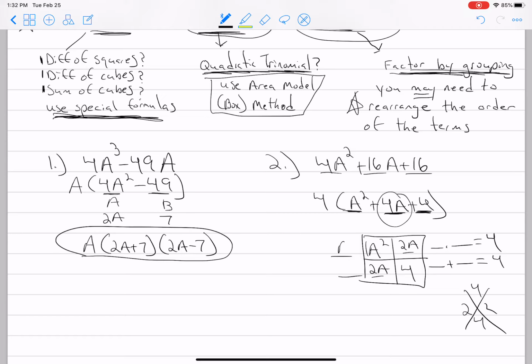So this becomes a times a plus 2 and plus 2. So this fully factors to 4 times a plus 2 squared. Or you could have written it 4 times a plus 2 times a plus 2. Either of those ways will work.